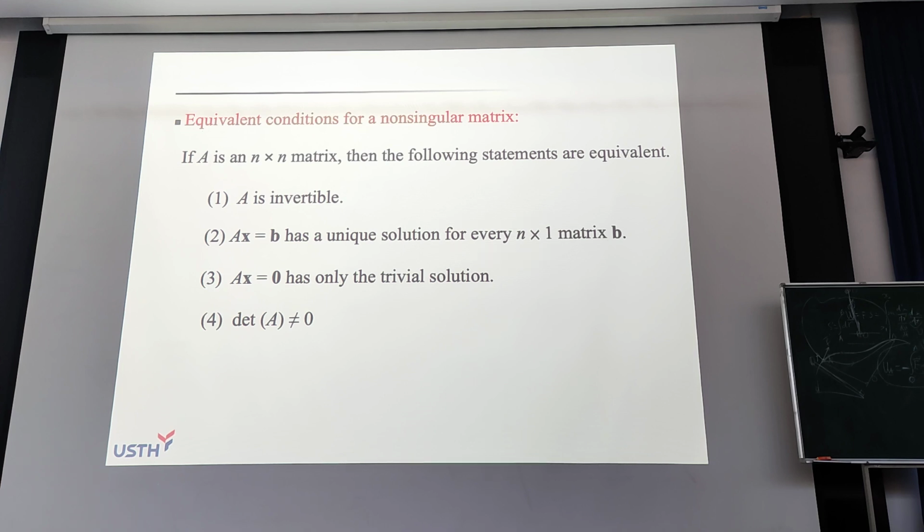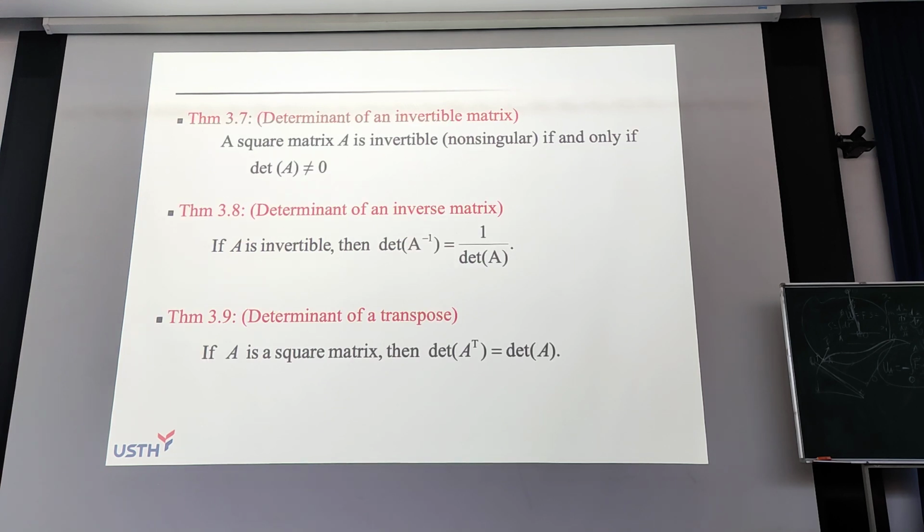A square matrix A will be invertible if and only if the system of linear equations AX equals B has a unique solution for any column matrix B, or equivalently, AX equals 0, the homogeneous system of linear equations, has only the trivial solution. Now we have one more thing. That is, A is invertible if and only if the determinant of A is non-zero.